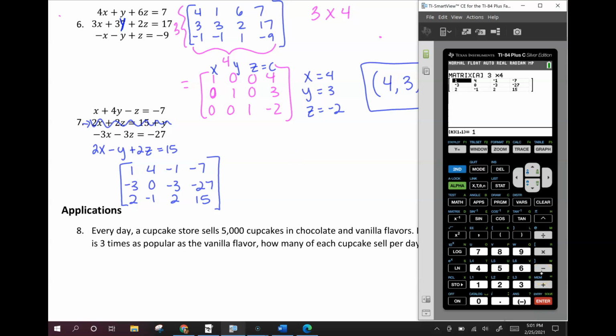Okay. Now second matrix over to math. So first you do edit, then you do math, then you do names.